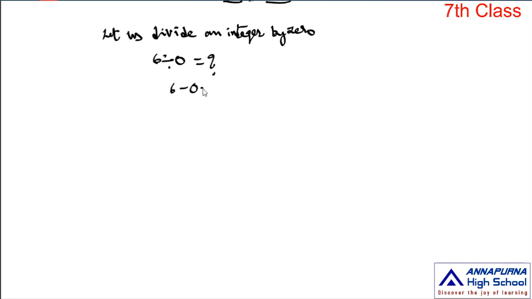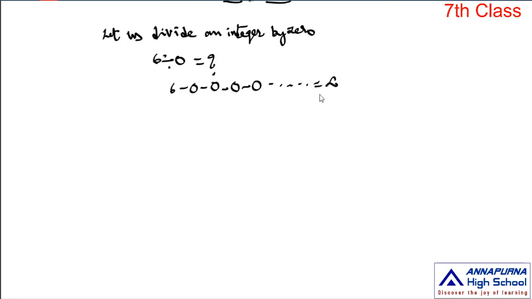6. Again subtract 0 from 6: 6 minus 0 is 6. Again minus 0, 6. Again minus 0, 6, and so on. Every time we are getting the same number 6. So how many times can you subtract?